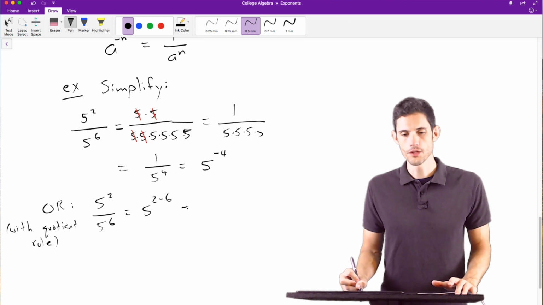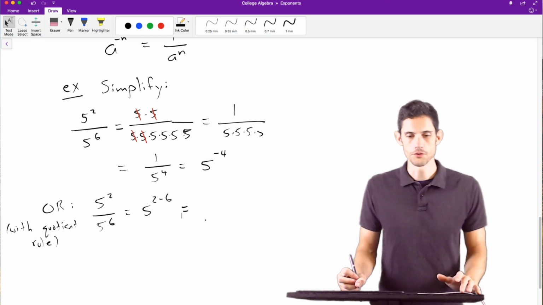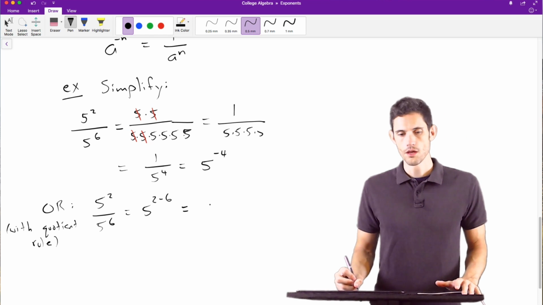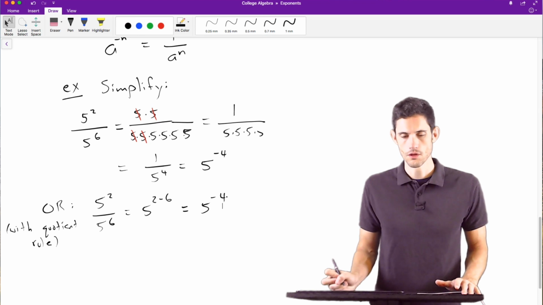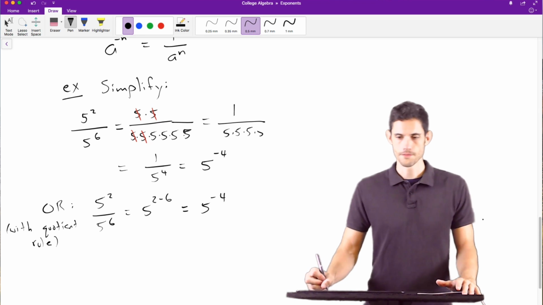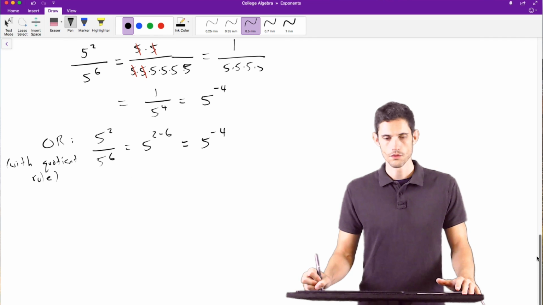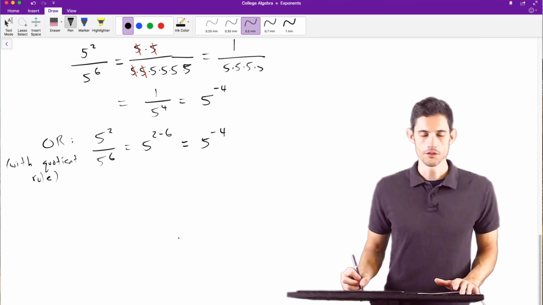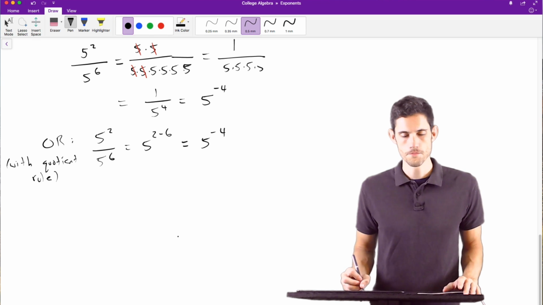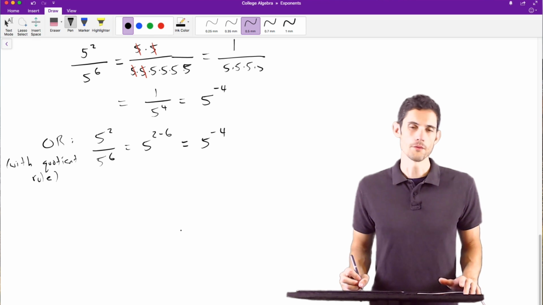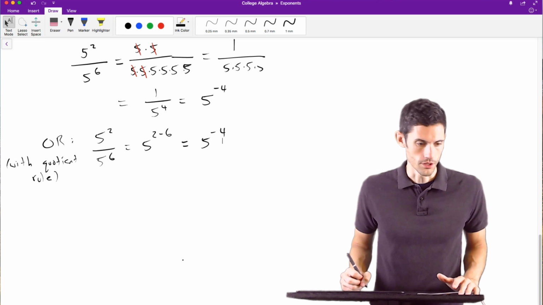Don't try to memorize the rule based on the larger number or the smaller number. It's top minus bottom. So 2 minus 6 is negative 4. So that's nice. That's easy. So the quotient rule still works even though the answer is negative, which I really like about the negative exponent rule, personally.